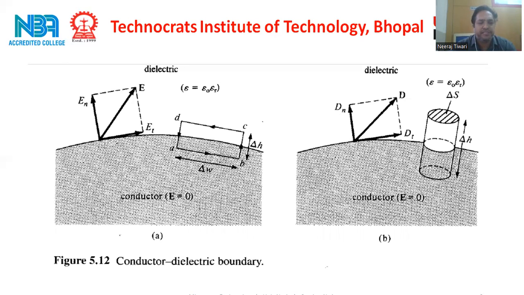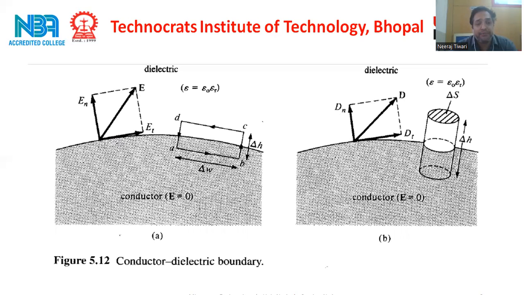Here you can see the boundary. Et is the tangential component of electric field intensity, and En is the normal component. The resultant of both tangential and normal is E, which is the electric field intensity in medium 1.